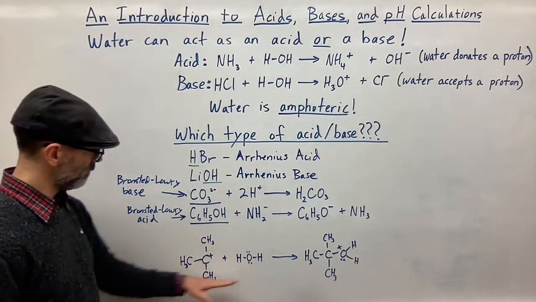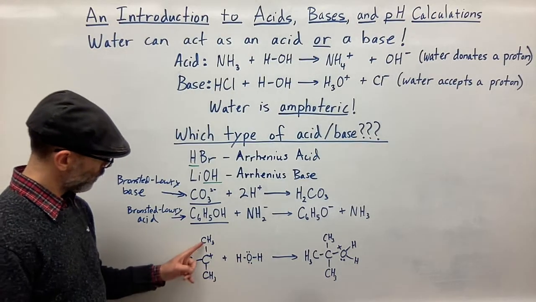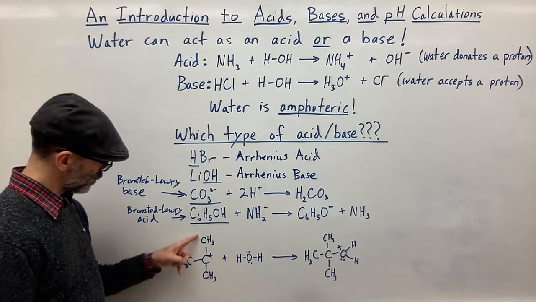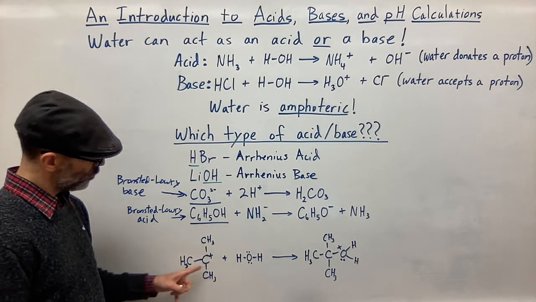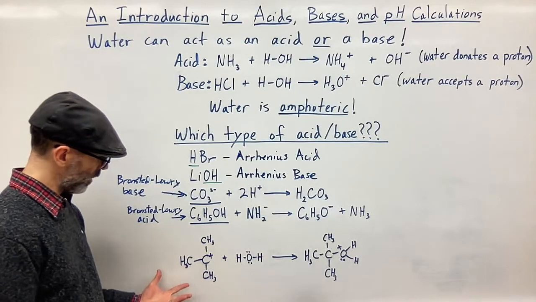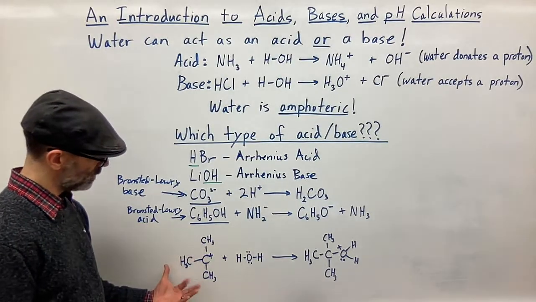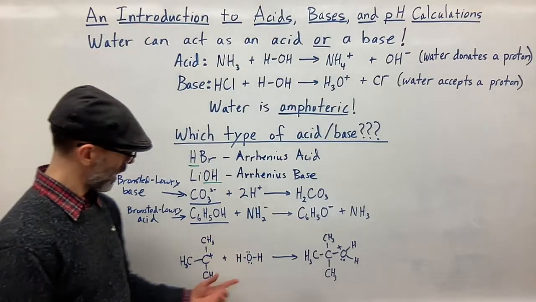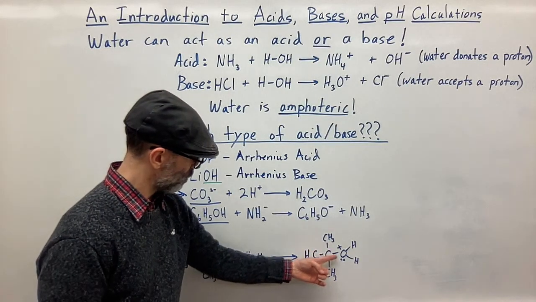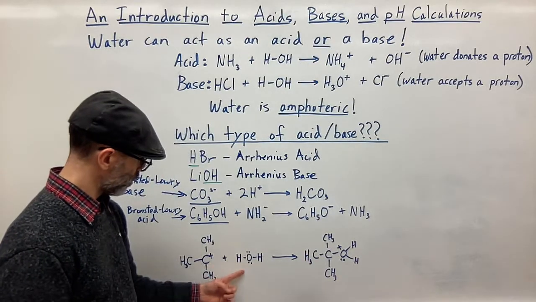All right, finally we have these two. So here we have a carbon with three CH3 groups on it with a plus, no electrons here. There's no hydrogen to give away. There's no OH minus. So if we look at what's going on, it looks like we're forming a bond between the carbon and the oxygen of water.